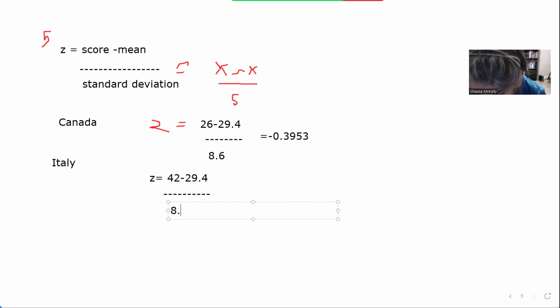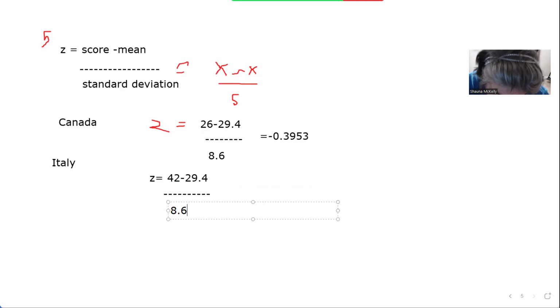Now, we divide that. Let's go back to the calculator. We would expect this to be positive because Italy has more vacation days than this national average.